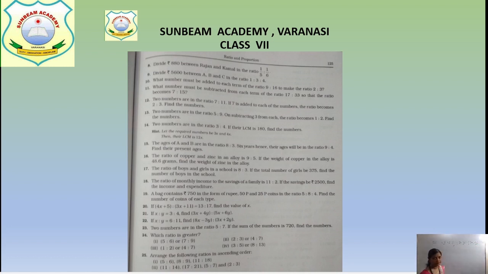Match your question. x is to y is equal to 6 is to 11. Yes. Then 8x minus 3y and 3x plus 2y. It's matching, children. Let's start.